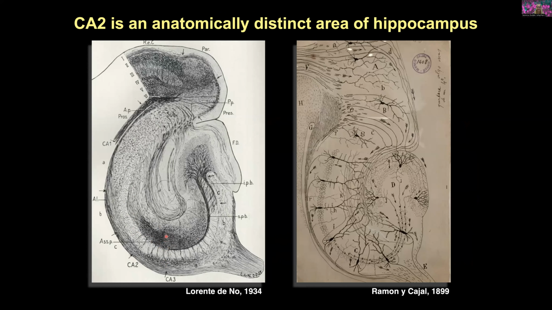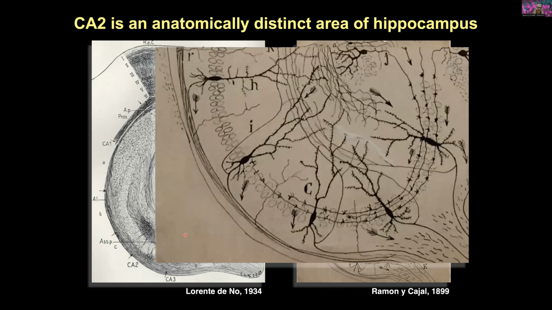We had noticed that, but I was a new investigator at the time. I wasn't willing to come out and say that this was CA2 with the mossy fibers, but Tonegawa was willing to come out and say that. Looking back, we see that Ramón y Cajal actually had some drawings that resembled what we seem to observe. That is, the CA3 neurons have these thorny excrescences here.